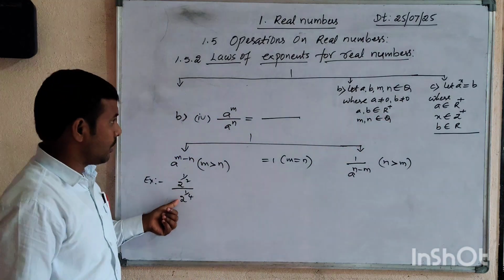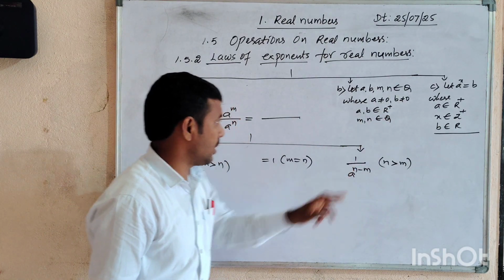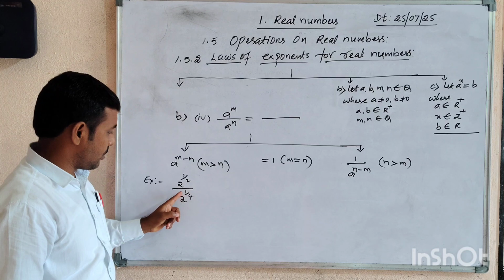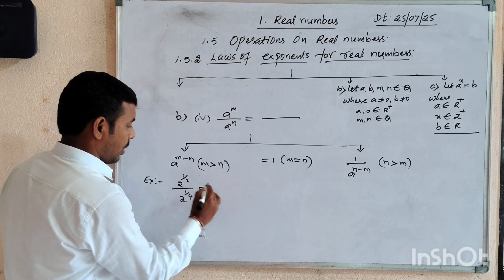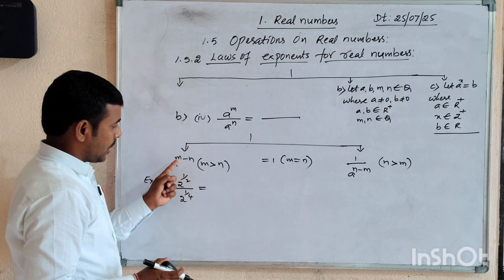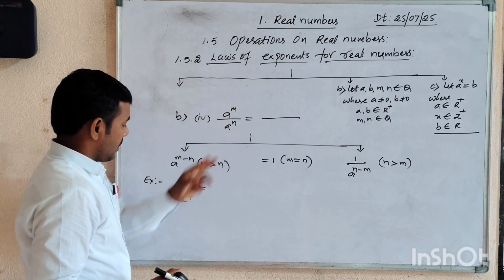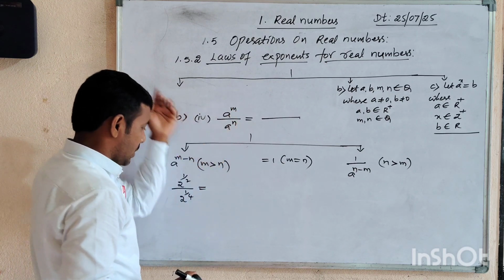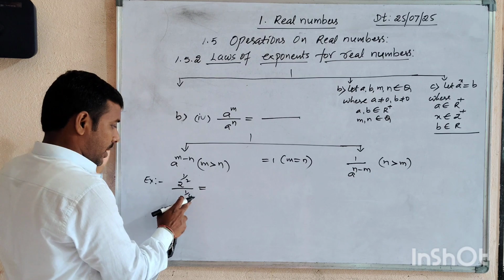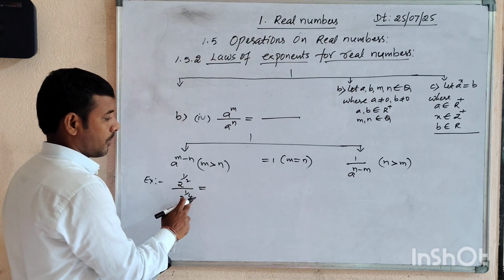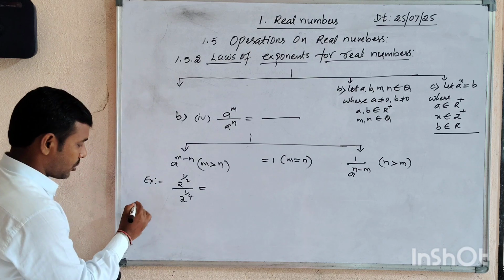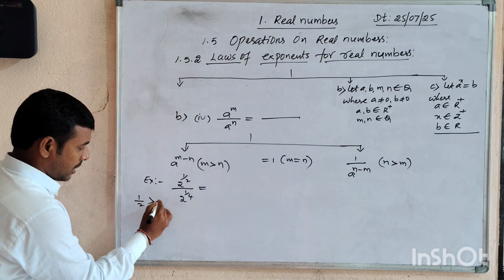Yes, 2 is a real number. m and n are rational numbers. 1 by 2 is a rational number, 1 by 4 is also a rational number. Carefully observe, 1 by 2 is the m position, 1 by 4 is the n position. Remember, 1 by 2 is bigger than 1 by 4.